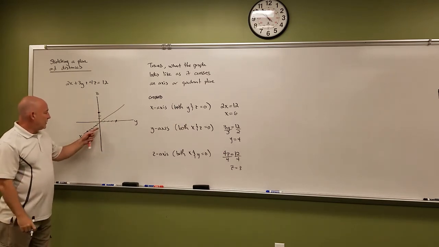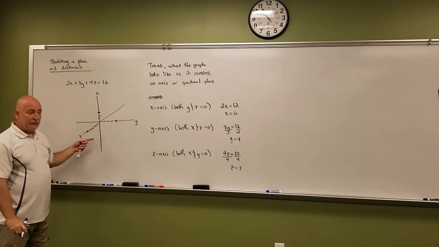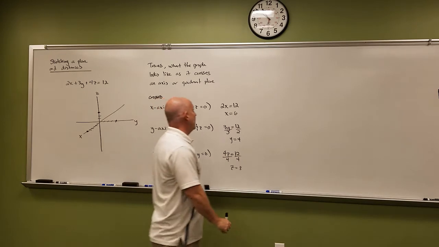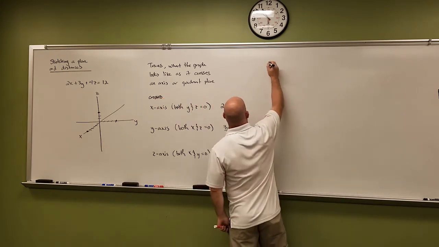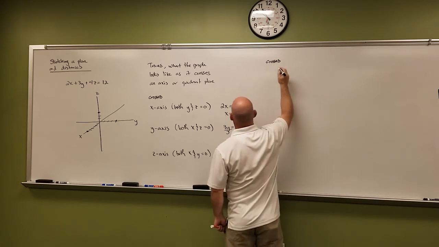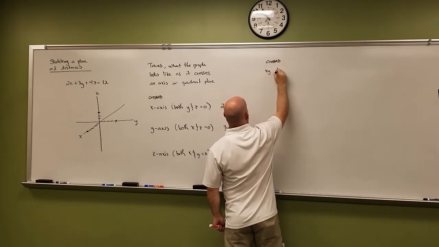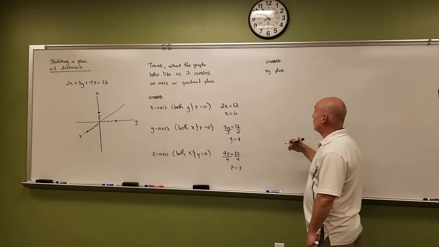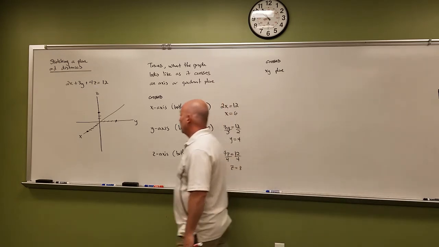All right, but how do we connect these dots? How do we figure out what it looks like as we go through here? So now, what happens as we cross the XY plane? A lot of times, when we cross the XY plane, it's called the XY trace. But think about it now.